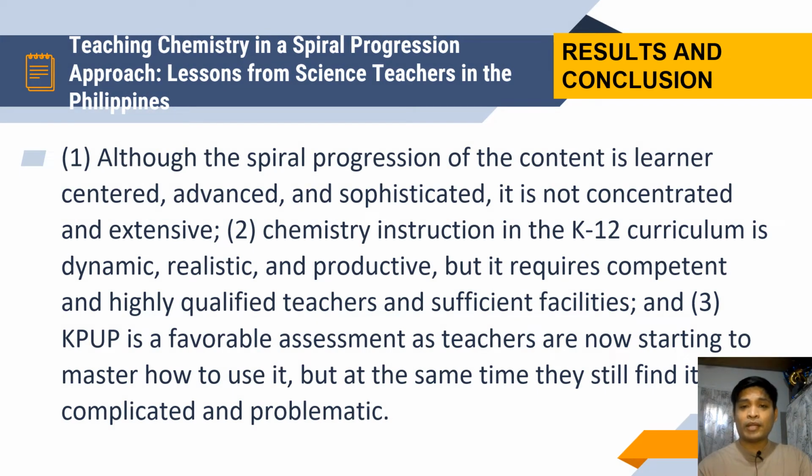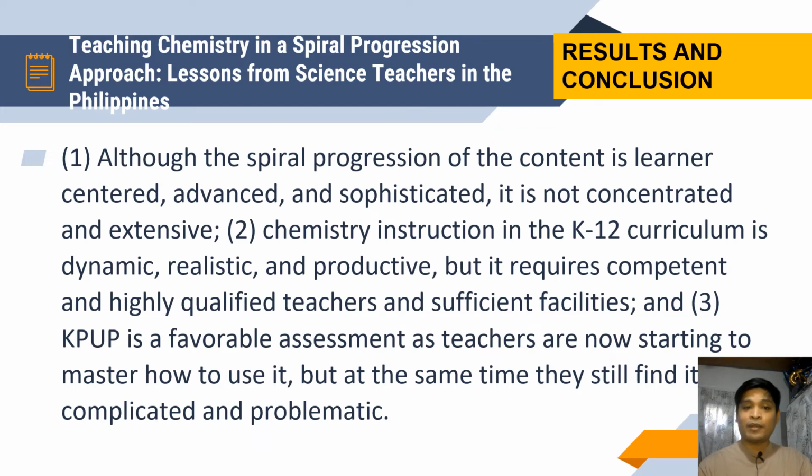For the results and conclusion, although the spiral progression of the content is learner-centered, advanced, and sophisticated, it is not concentrated and extensive. Chemistry instruction in the K-12 curriculum is dynamic, realistic, and productive, but it requires competent and highly qualified teachers and sufficient facilities.